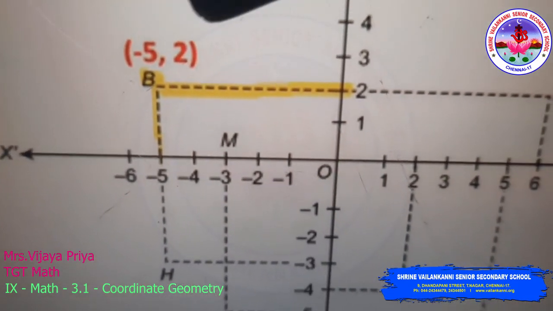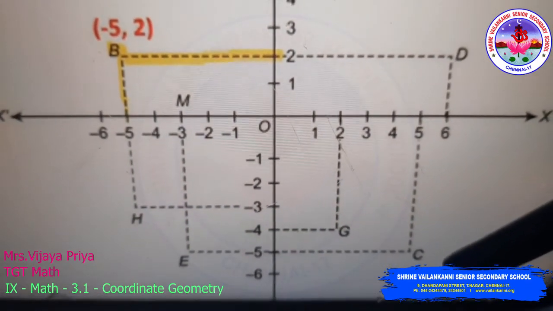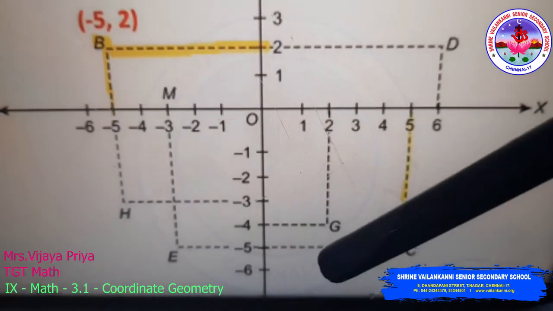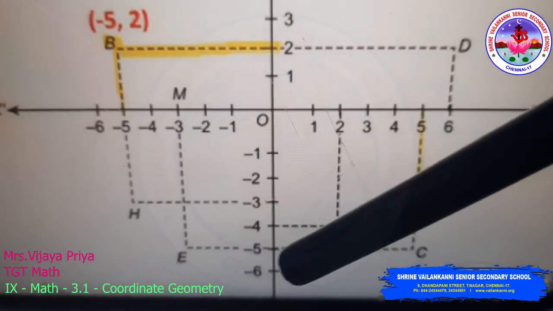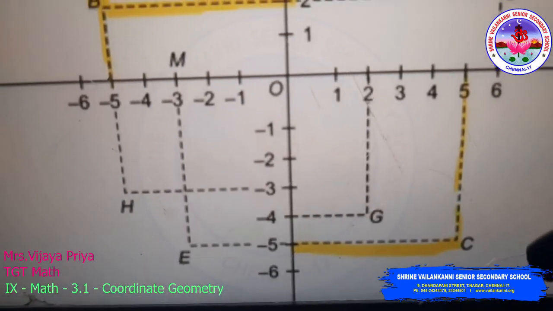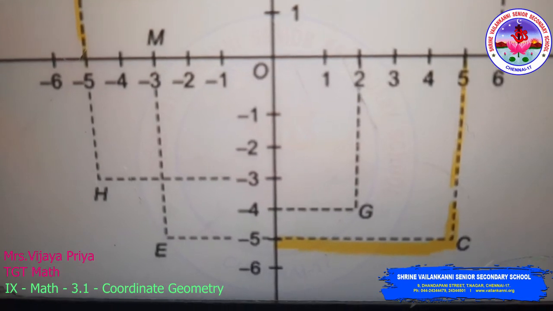Now the second subdivision: he needs the value for C. The x coordinate of C is 5 and the y coordinate is -5, and these intersect at the point C. So the coordinates of C are 5, -5.